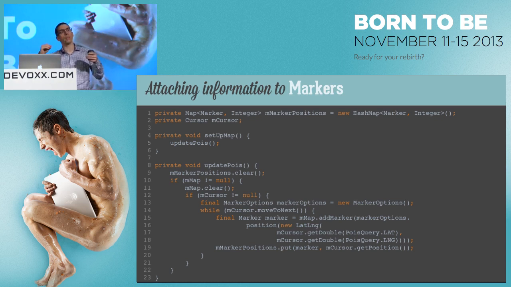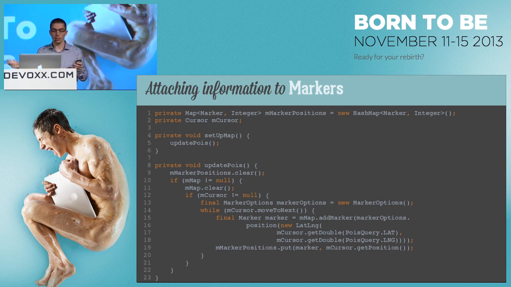And I want to keep some data associated to those markers. And in order to prevent loading lots of stuff into memory, and I just want to keep the cursor around, I will only keep the position of each marker in that cursor. So whenever I want, I just have to move the cursor to the position of the marker, and I will have access to all of the other information from this particular marker.